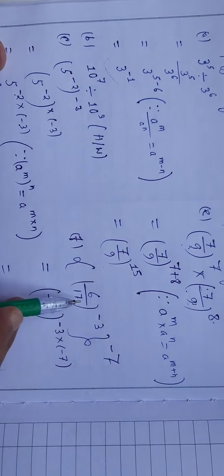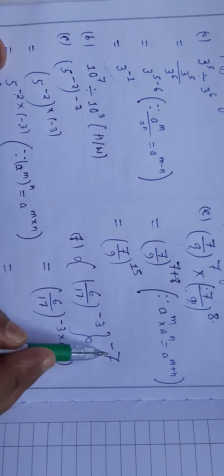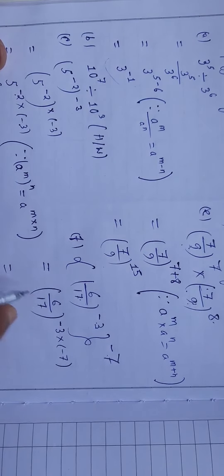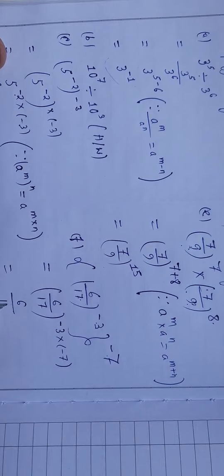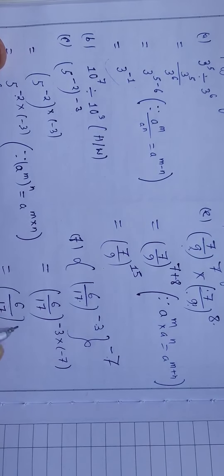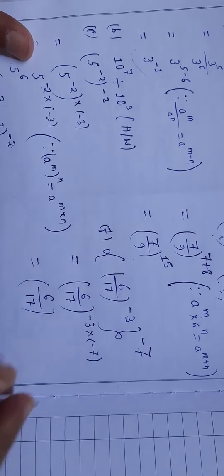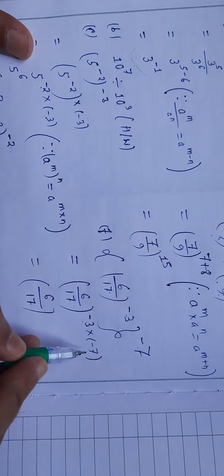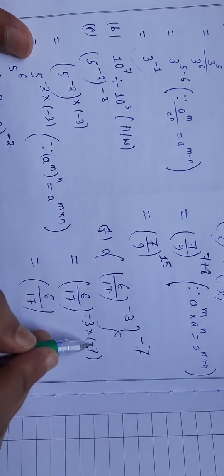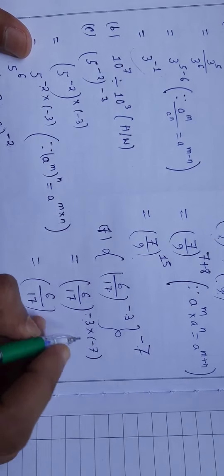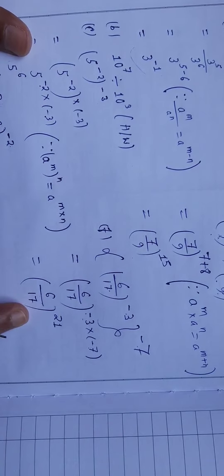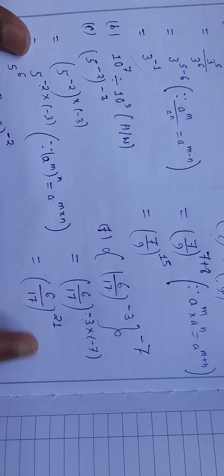It is of the form a to the power m whole to the power n, which is equal to a to the power m into n, which you have done. So 6 by 17 to the power minus 3 into minus 7. 3 into 7 is 21, minus into minus makes it plus. So plus 21, which is also in the exponential form: 6 by 17 to the power 21.